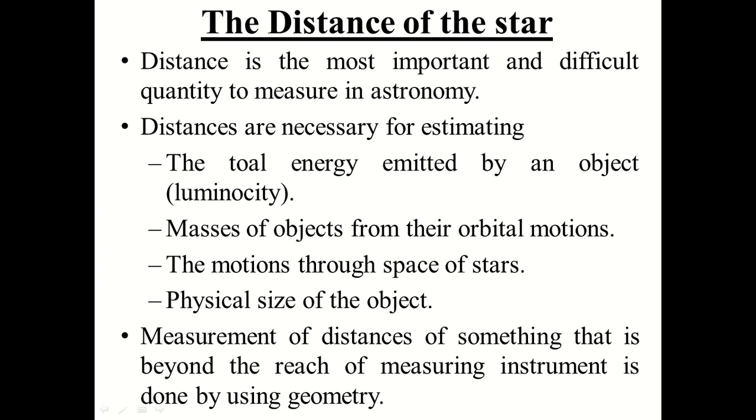When we consider astronomical distances, distance is the most important and difficult quantity to measure in astronomy. The reason for distance being the most important physical quantity in astronomy is that in order to estimate the total energy emitted by an object, we need information regarding the distance.